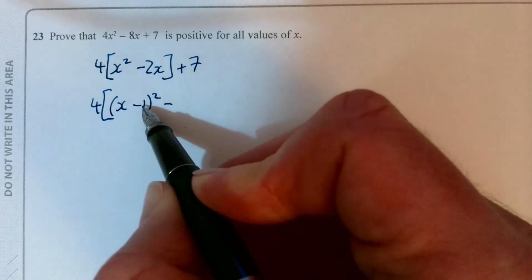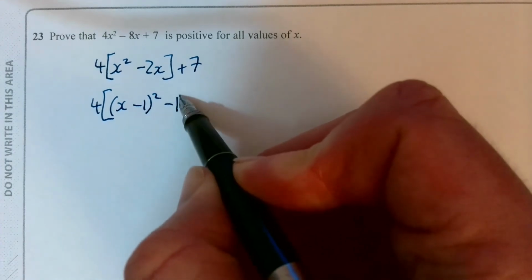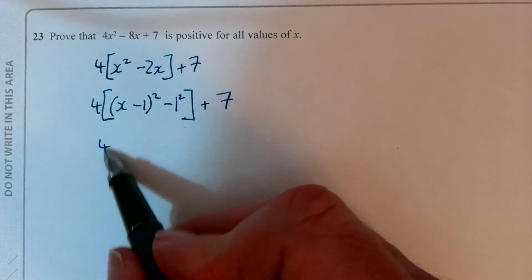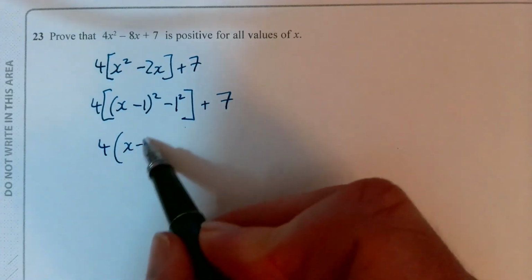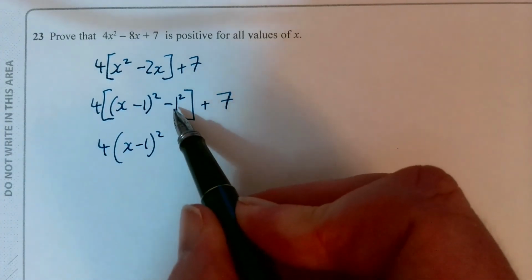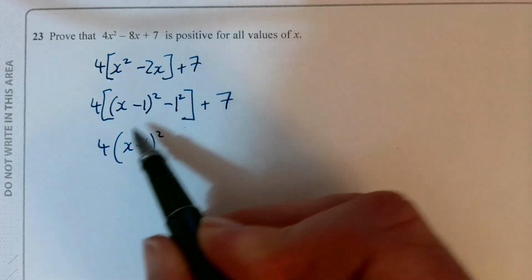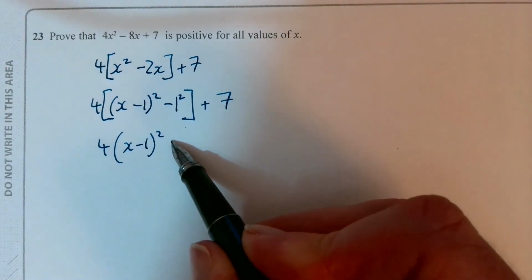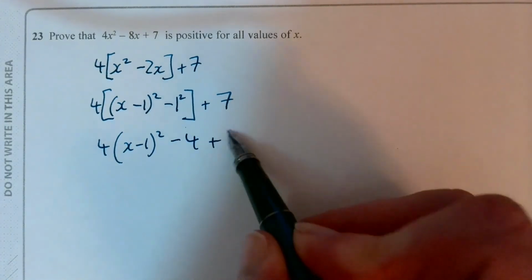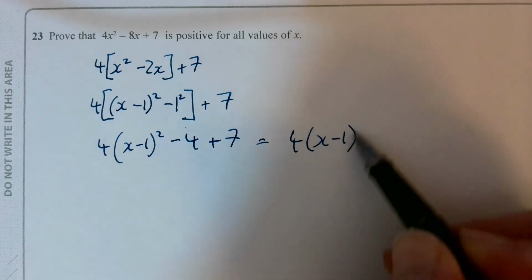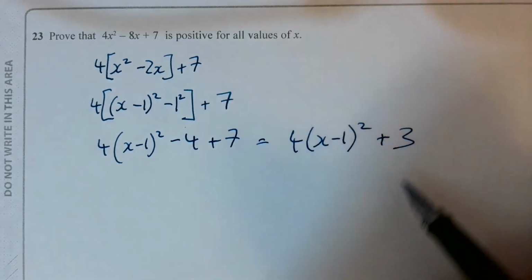And then remember that we've got to take away that squared and the plus 7 outside it. Then if I remove this bracket, I get x minus 1 squared. And that will be minus 1 because 1 squared is 1. 1 times 4 is 4. So that's going to get us 4 times (x minus 1) squared plus 3.